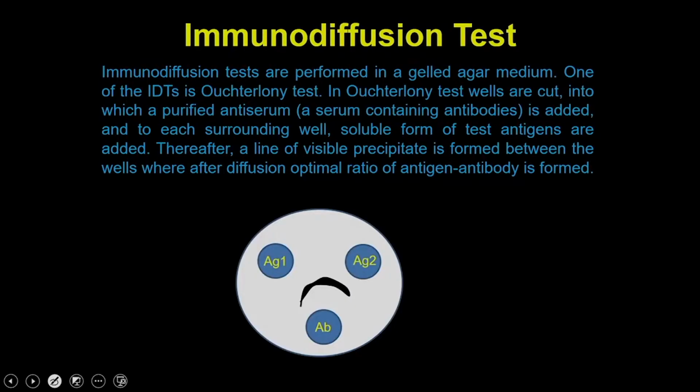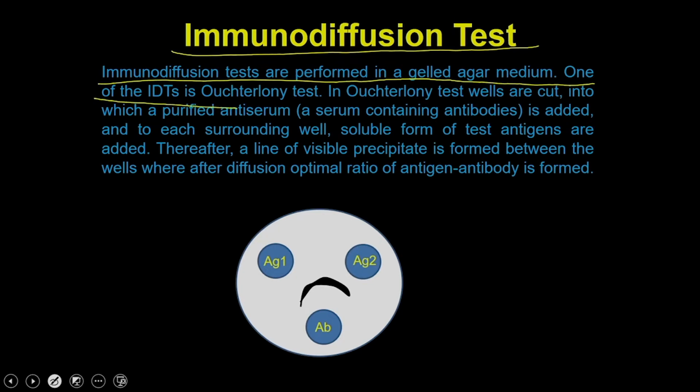Now, the first experiment we are going to discuss is the immunodiffusion assay or immunodiffusion test. Immunodiffusion tests are performed in a jelly-like agar medium. One of the immunodiffusion assays is called the Ouchterlony test. In the Ouchterlony test, wells are cut.